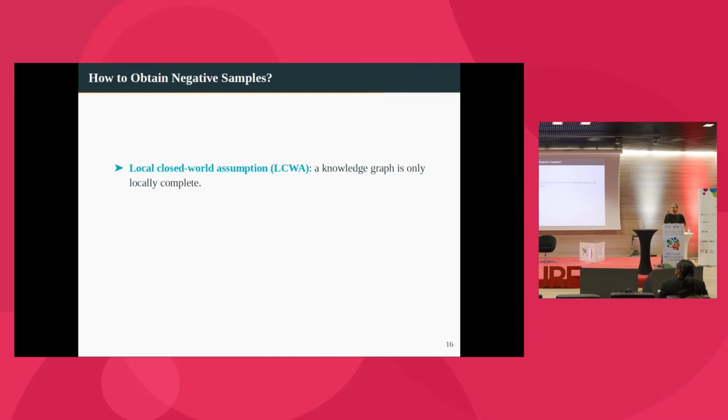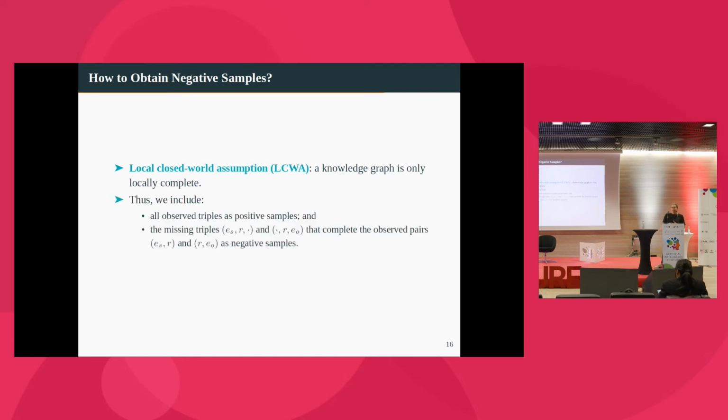So how do we get negative samples? Well, we need to make some sort of assumptions, and we assume that a knowledge graph is only locally complete, which means that we include all observed triples as positive samples, and we also take the missing triples that complete the pairs that occur in the observed triples as negative samples.